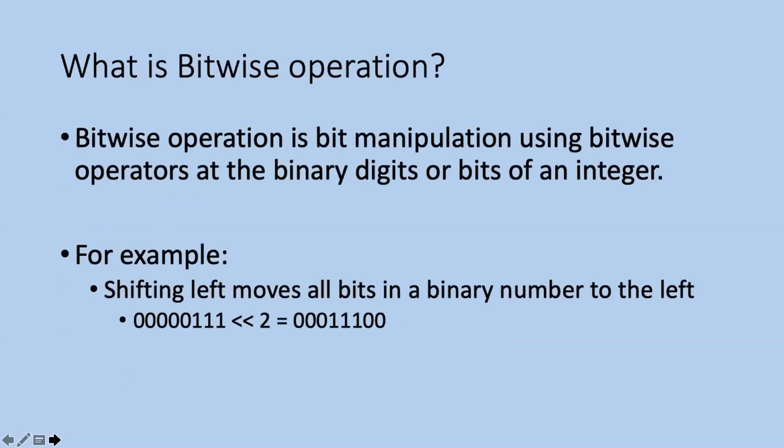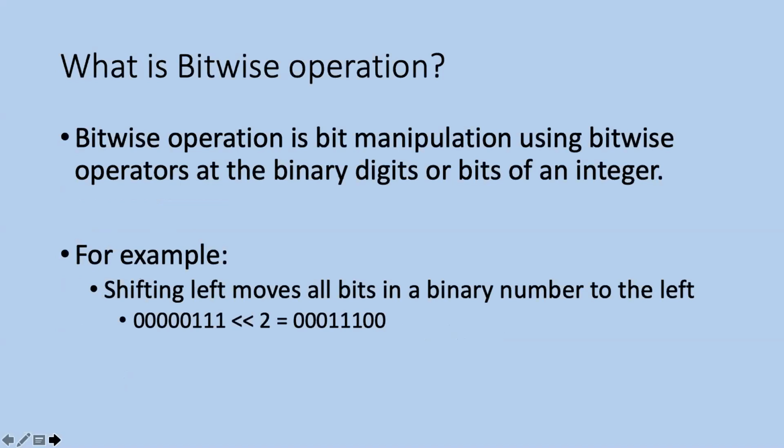All right, so what is a bitwise operation? Bitwise operation is basically bit manipulation, using bitwise operators or shifting, but doing it at the level of the binary digits, or the bits, of an integer. We're just manipulating those bits, and that operation is called a bitwise operation.